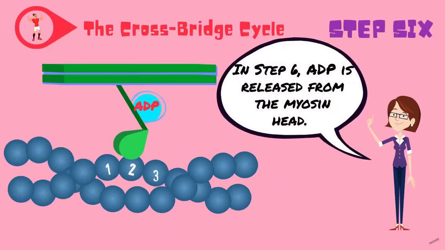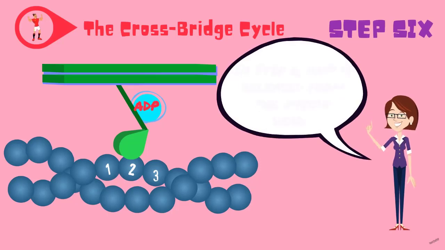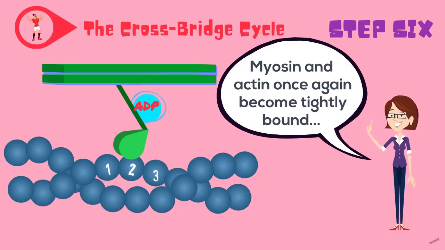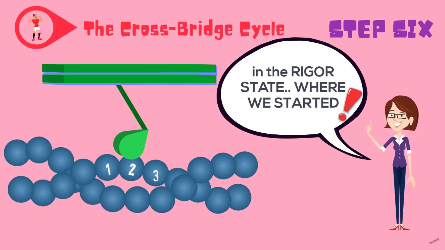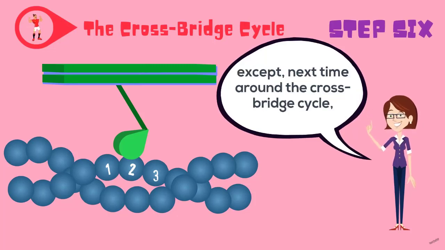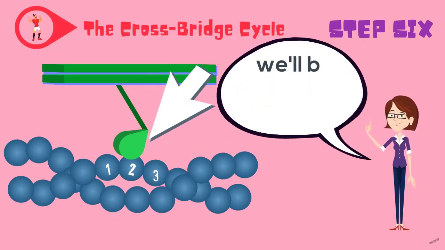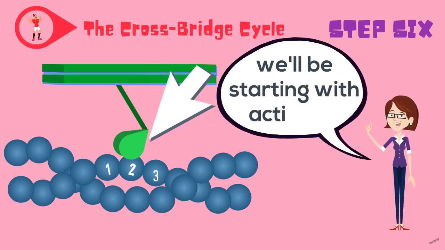In step 6, ADP is released from the myosin head, and myosin and actin once again become tightly bound in the rigor state, where we started. Except next time around the cross-bridge cycle, we'll be starting with actin number 2.